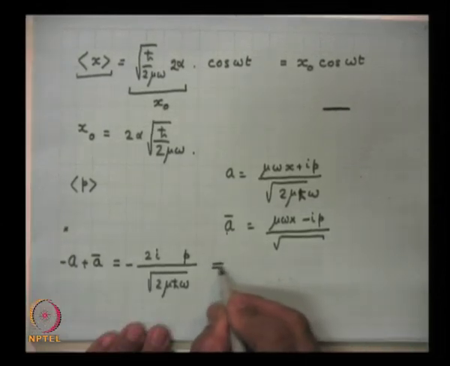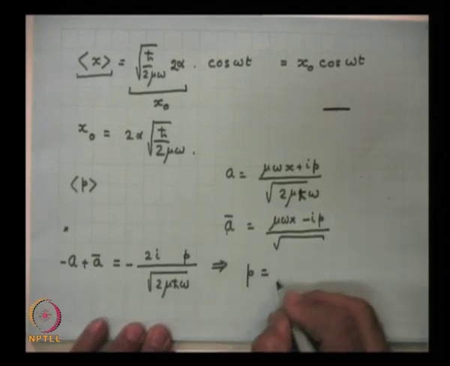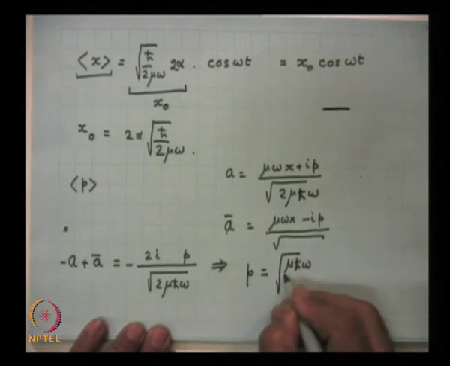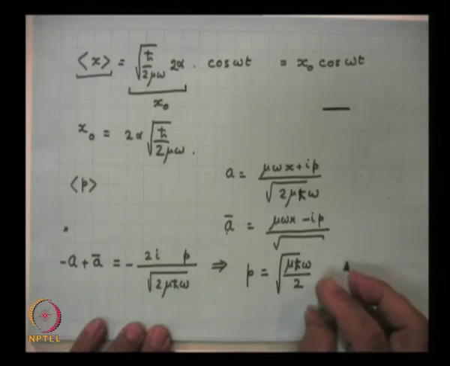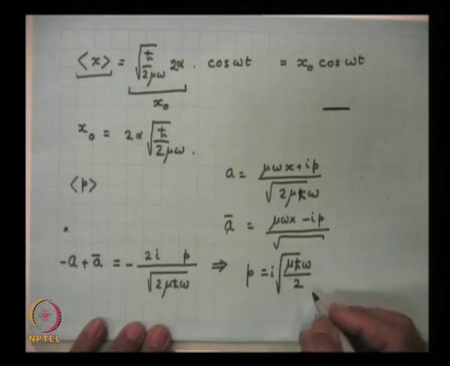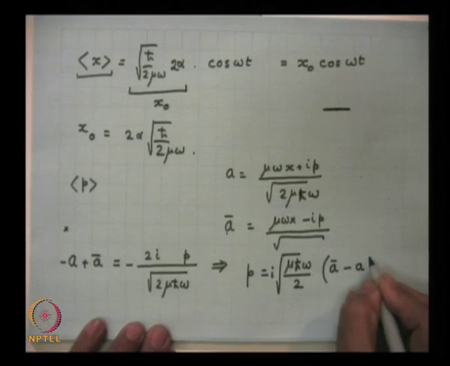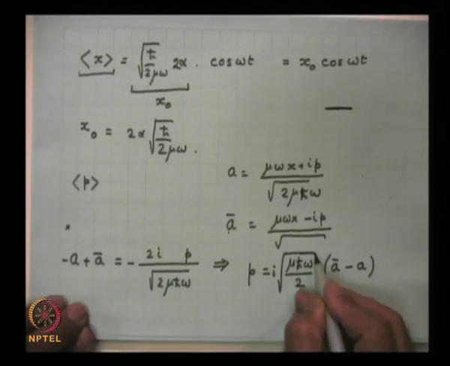So, as we had done before, p is equal to the square root of mu h cross omega by 2, times I, multiplied by A bar minus A. This is the representation of the operator P.